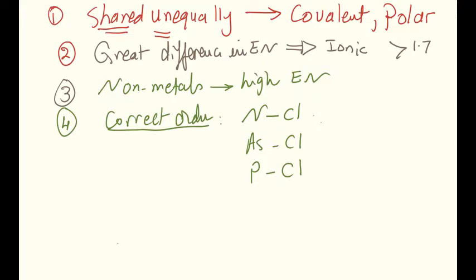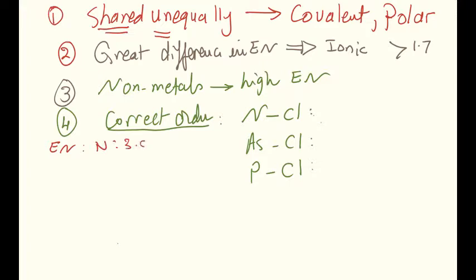In order to know that, we need to find the values of electronegativity, subtract, and find which of them has the highest difference in electronegativity. Referring to the table of electronegativity, I will write here the values.